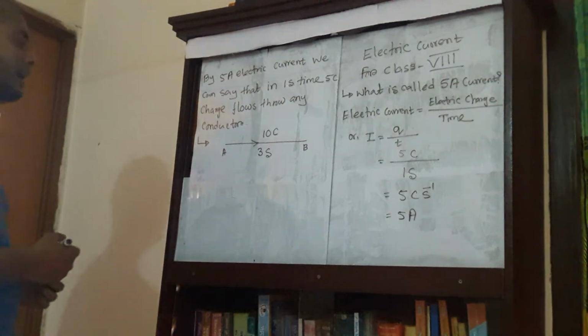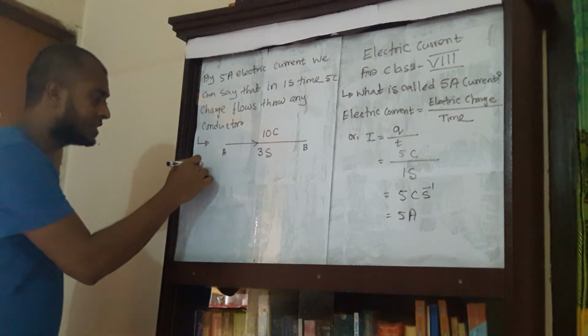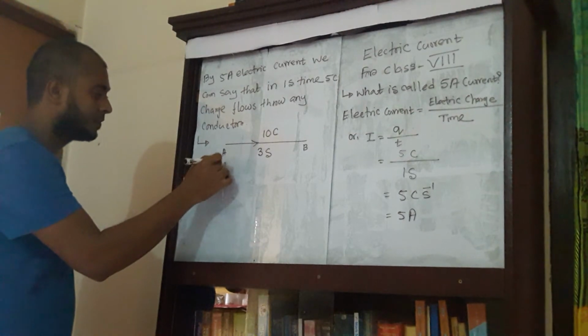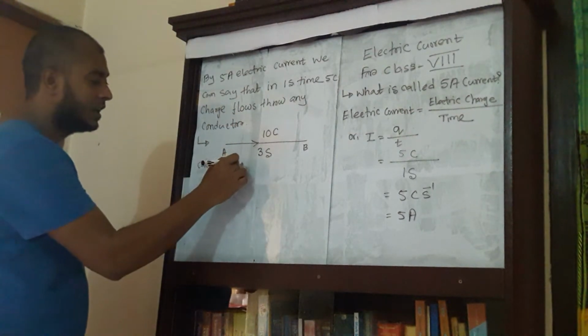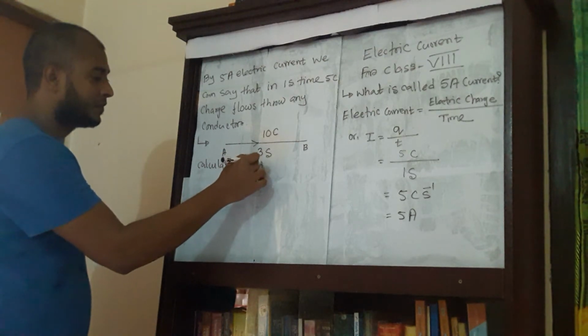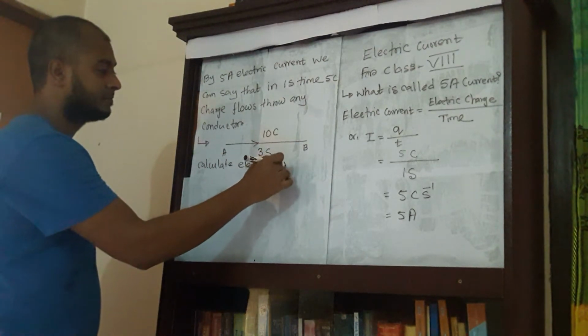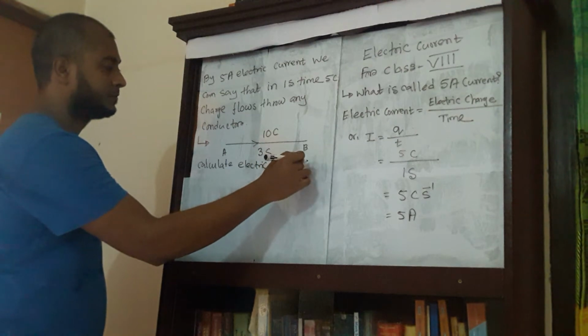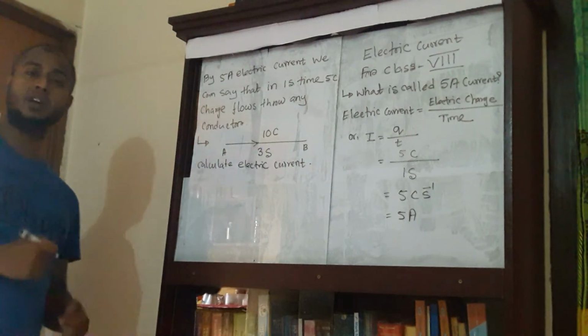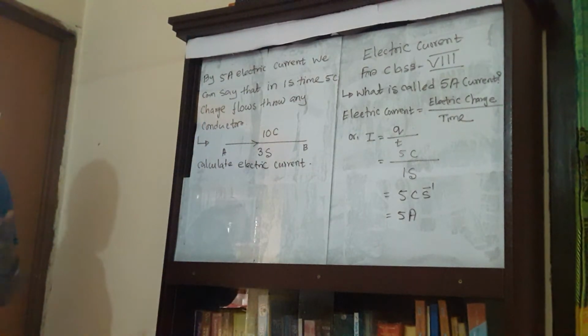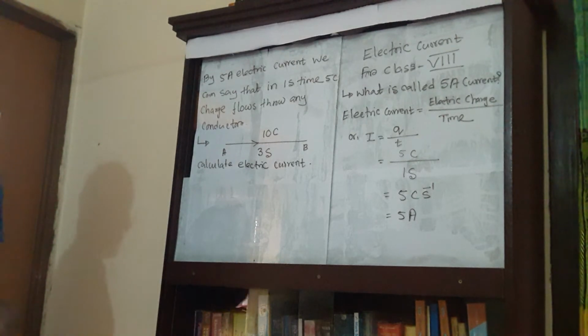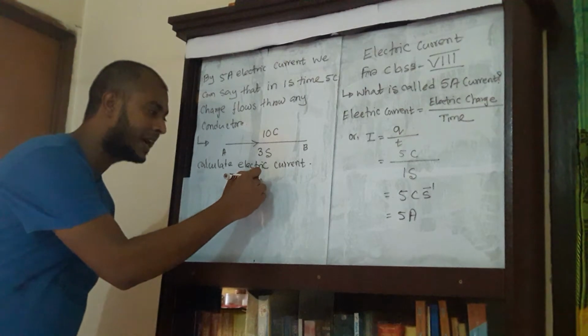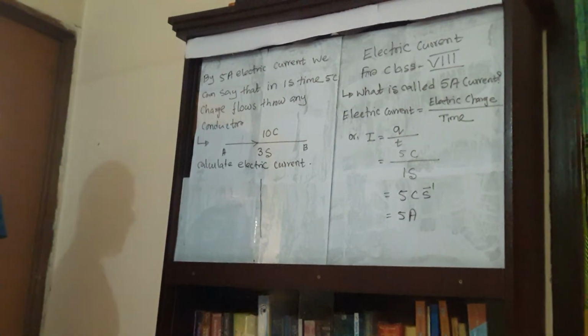So calculate the electric current. We need to calculate the amount of electric current passing through this conductor. At first, we need to write down some given information.